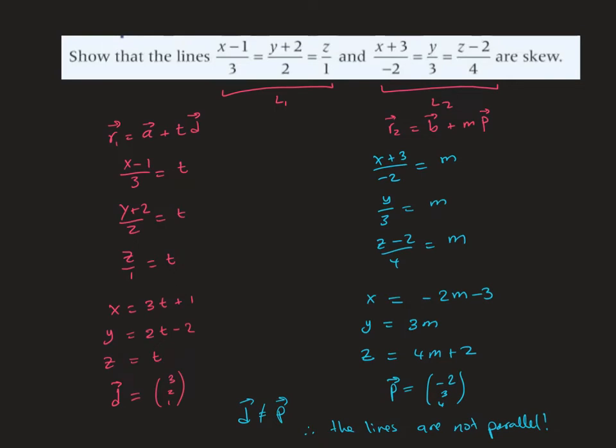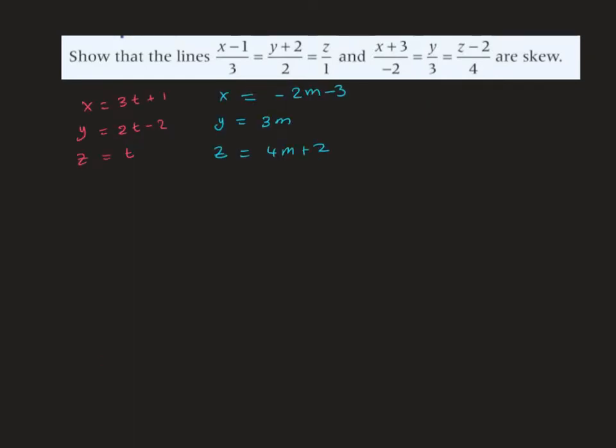Okay, so now with this discovery, we might just want to keep these 6 equations, and then see if we can find a value for which t and m lead to the same values at the same time.